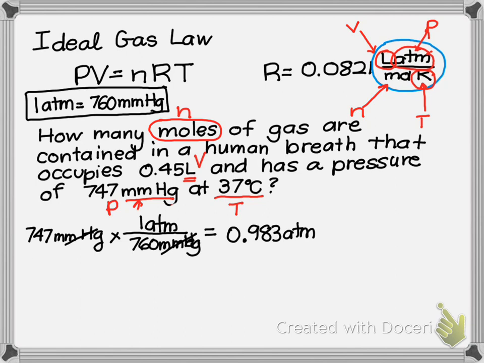But I also needed to convert degrees Celsius to Kelvin. So I'm going to add 273 to 37, so I have 310 Kelvin. Okay, so now I think I'm ready to set this problem up.